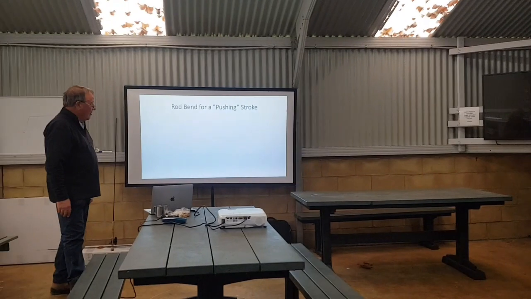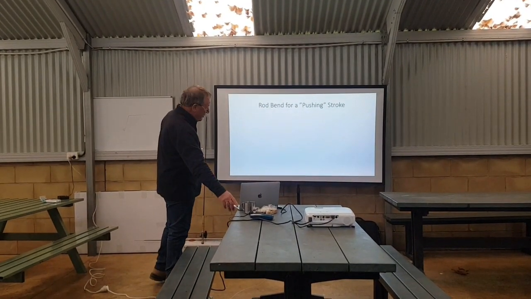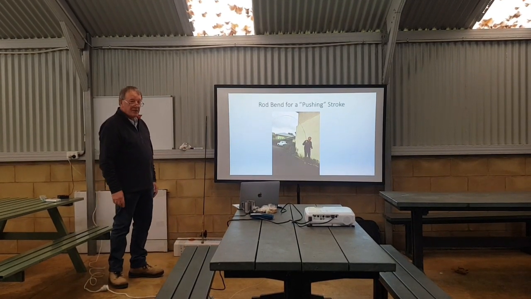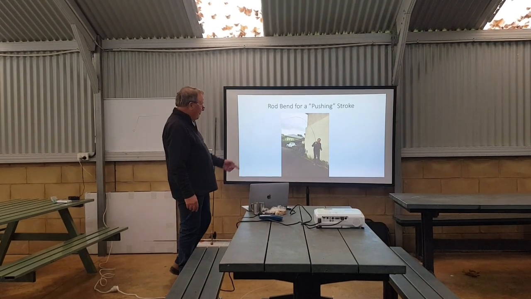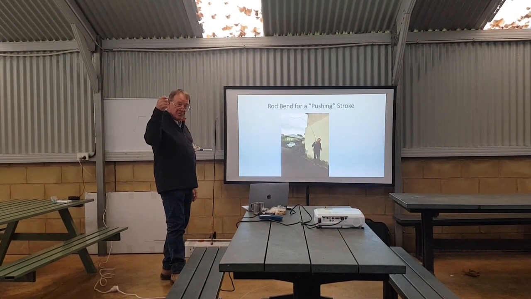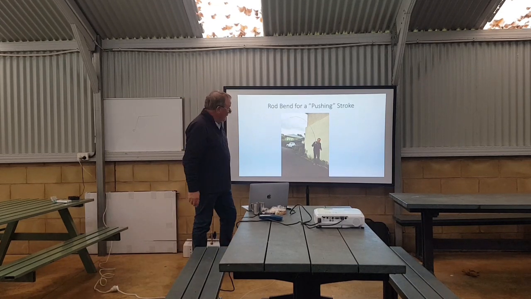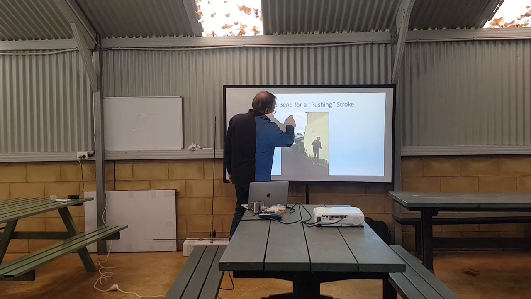So let's have a little bit of a look at how the rod bends for a pushing stroke first and then a pulling stroke. So here's a pushing stroke first. In this photo, that's a 9 foot 6 weight stage 1 rod. And you can see there, I've used a pushing stroke. I made that stroke by just doing that as hard as I could. You'll see that the majority of the bend in the rod is up in that area there, up near the tip. Yeah, there's still some bend down here, but the bulk of it is up there.